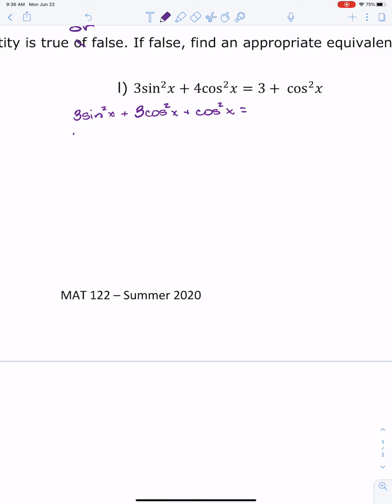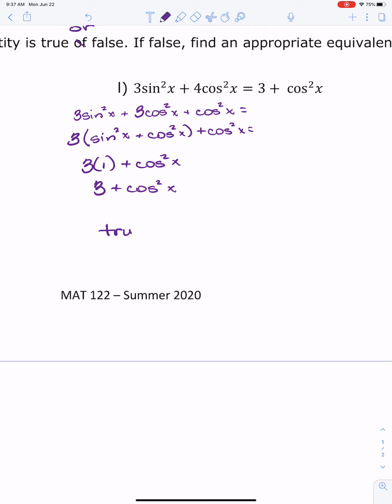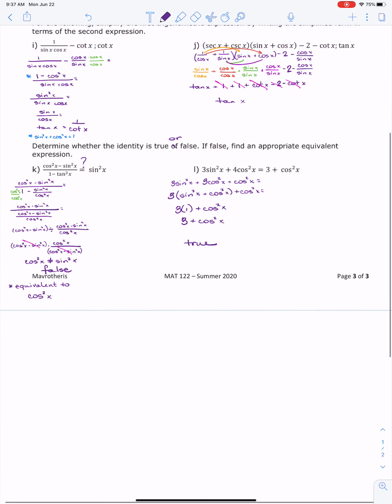I can now factor a 3 out of these first two. I get 3 times sine squared x plus cosine squared x plus this other cosine squared x. That's 3 times 1. I get 3 plus cosine squared x. So this statement's true. And that is it for the 9.1 notes.